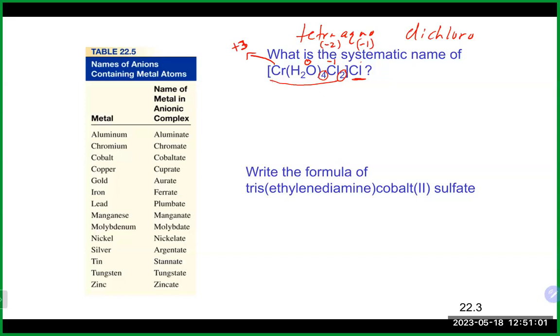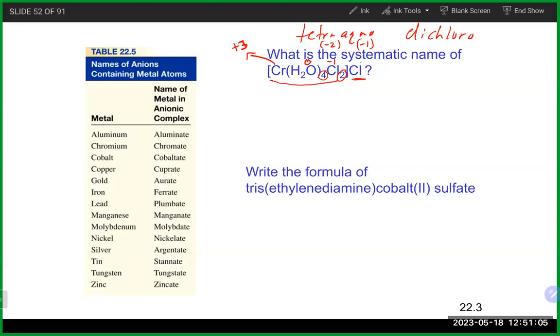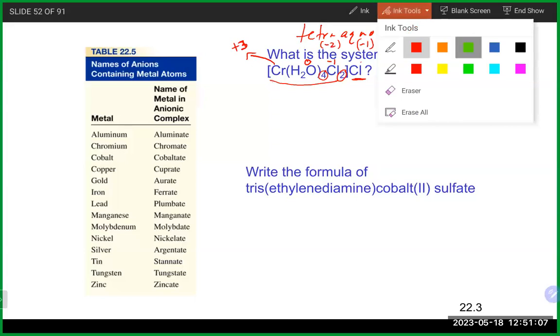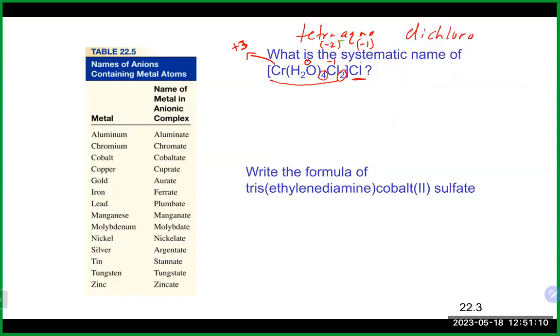Now, alphabetical, which one should come first? Yeah, it is the water here should come first. Again, we're comparing the A to the C, without the prefix is what we're looking at. So this would be tetraaquodichloro.